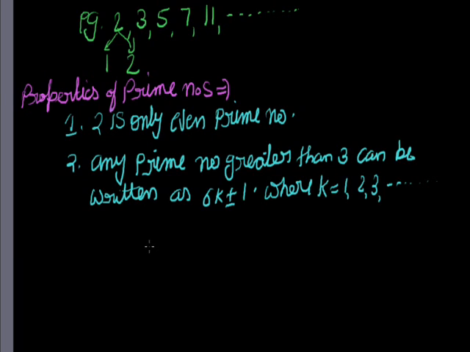Means any prime number whose value is greater than 3 can be expressed in the form of 6k plus minus 1. How? If we come to the example of 5, we can write 5 as 6 into 1 minus 1.